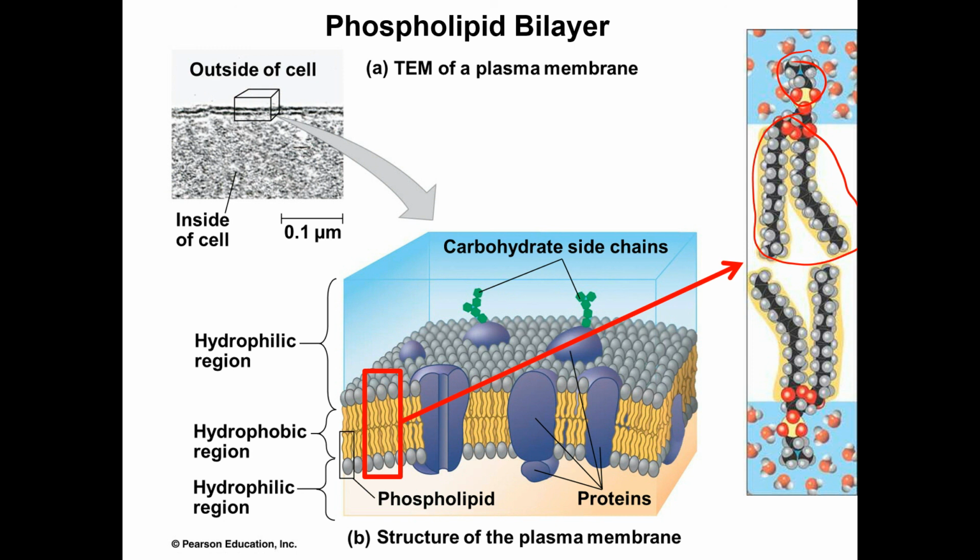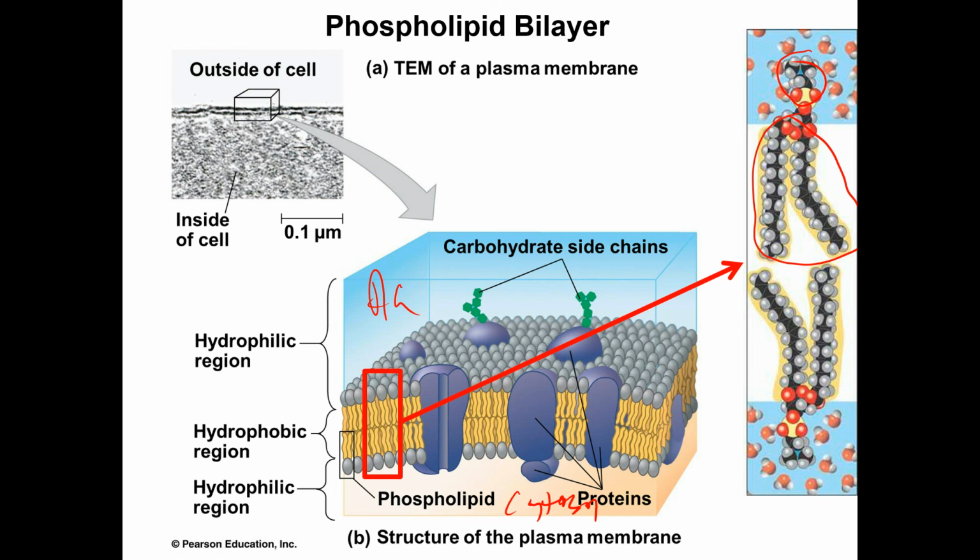So your phosphate head group faces the outside aqueous environment, and your other layer of phospholipids faces the inside, the cytosol. And then inside, in between, you have your fatty acid tails, because they're nonpolar, they're hydrophobic. Notice you also have proteins that are stuck in the membrane.